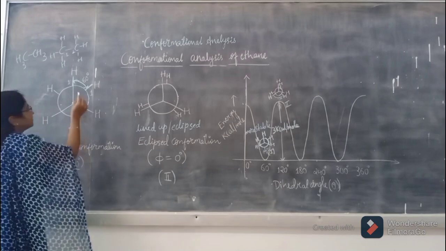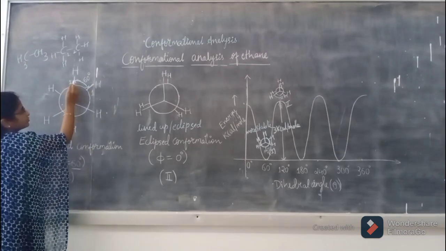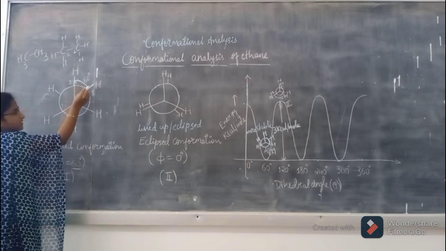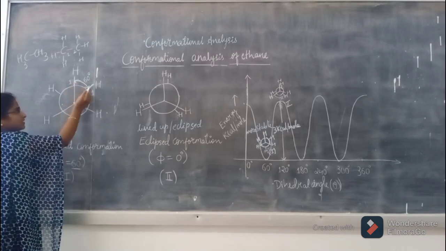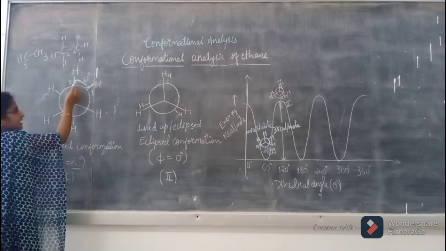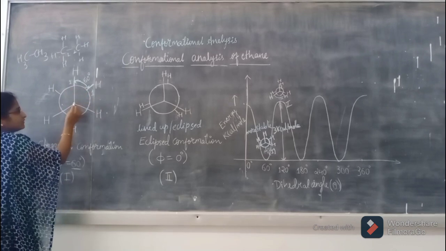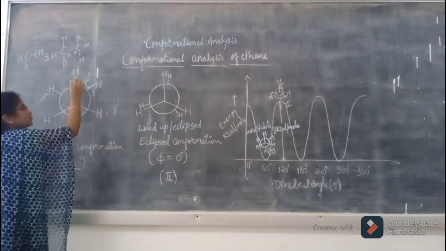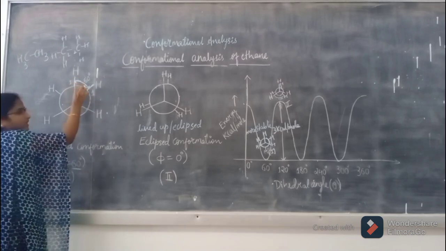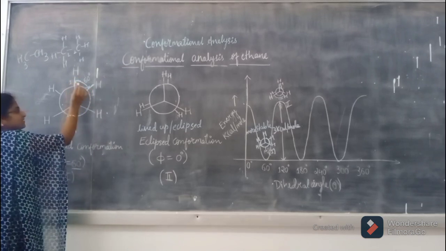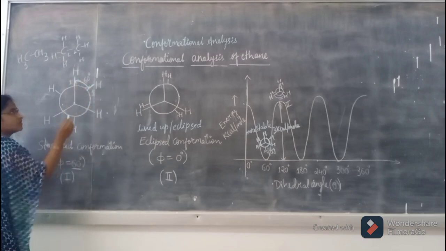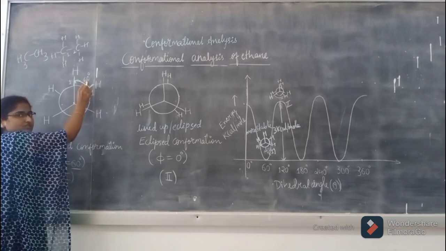The angle between these two bonds is called a dihedral angle, because these bonds are originating from two different atoms, the front carbon atom and the back carbon atom. In the case of staggered conformation, the dihedral angle is 60 degrees.